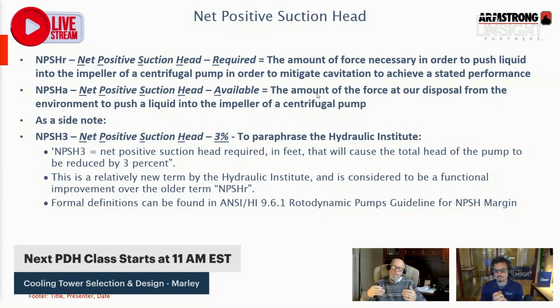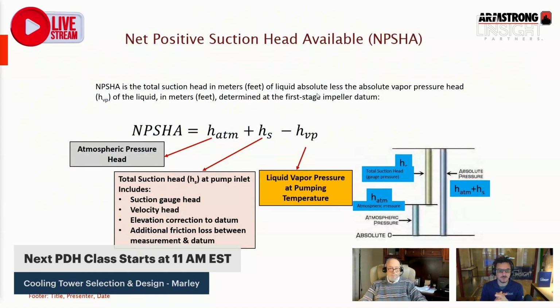They're trying to come up with a better way of defining NPSHR, because NPSHA and NPSHR have been so confusing for people. And if we get close to the NPSH3 value, we're going to decrease the performance of the pump. We're not going to get the flow out of that pump that we're supposed to. So this is the reason HI is talking about adding this to the HI standards. And so now you guys got a first look at what's coming. There you go. Breaking news.